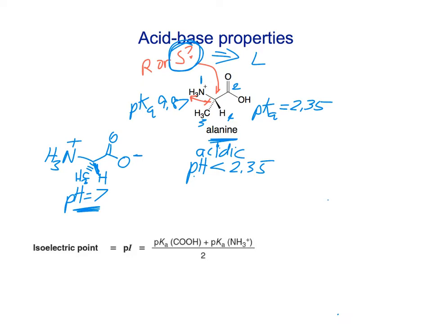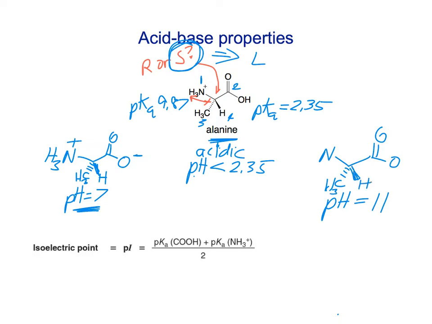All right, what if we have the pH, let's say, equal to 11? So we'll have the amine in its basic form. What would its ionization state be? Both should be in the basic form.